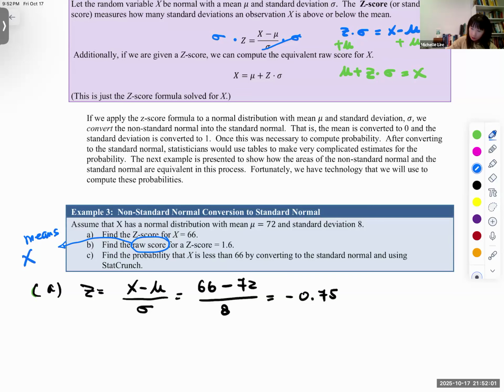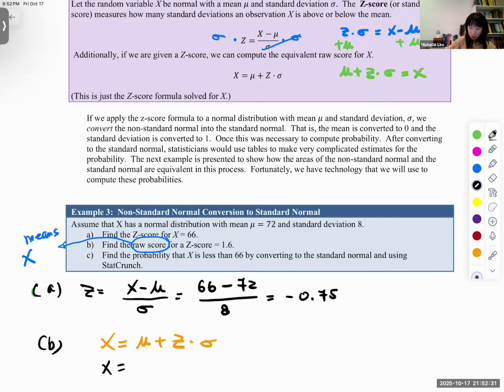Okay. So then we have a formula here, right? Or we can just derive a formula, that's fine too, from the z-score. But since we have a formula, let's use that, right? So we have x equal to mu plus z times sigma, right? We want to find what is x.